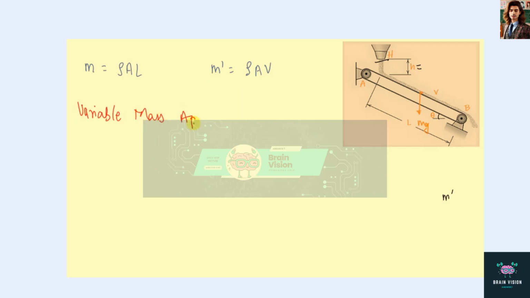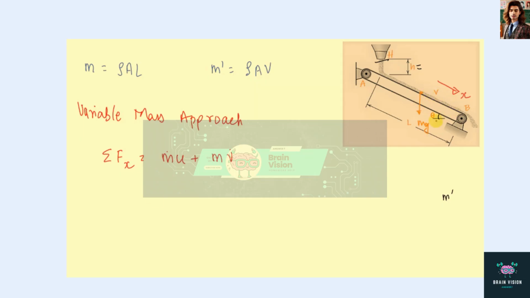And by using this approach we can write that sigma Fx equals m dot u plus m v dot, and this direction is our x direction. Now there is only one force acting, that is mg, so we will take the component of this force.